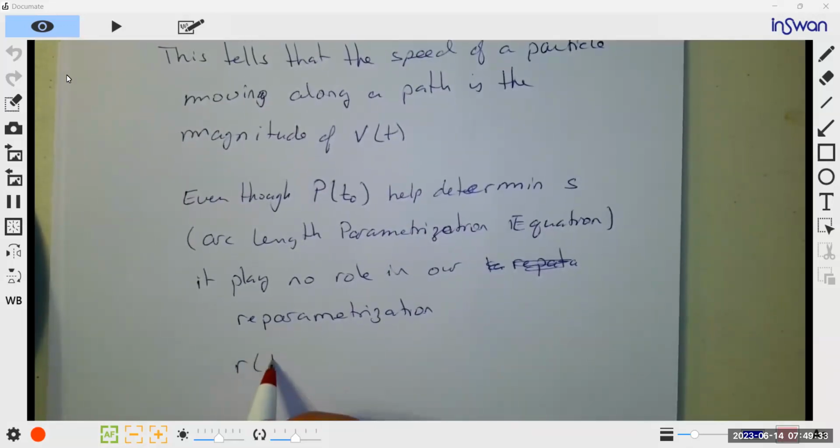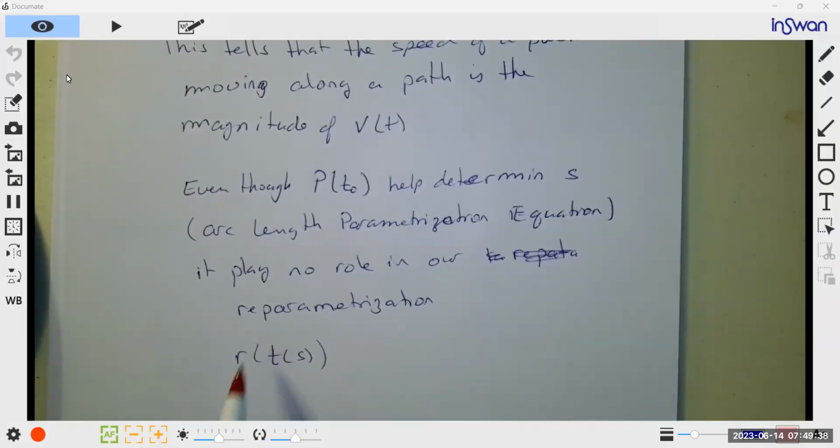When we went [over] the function within a function, our compound functions.